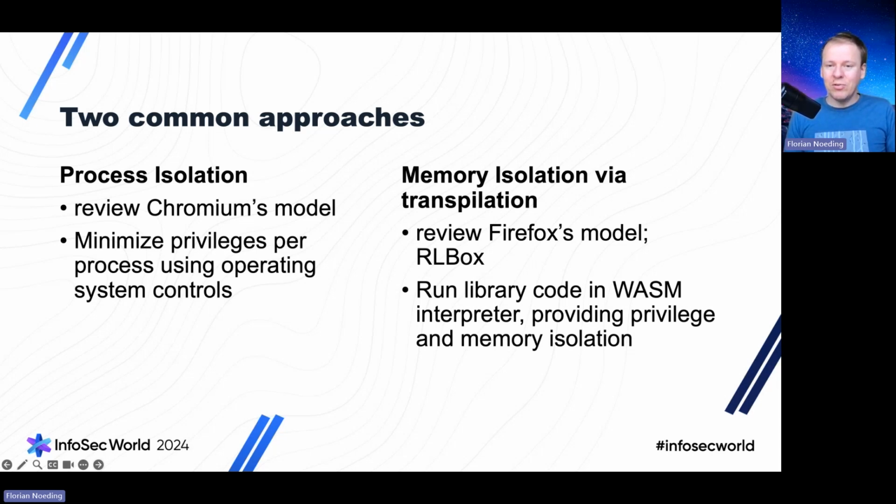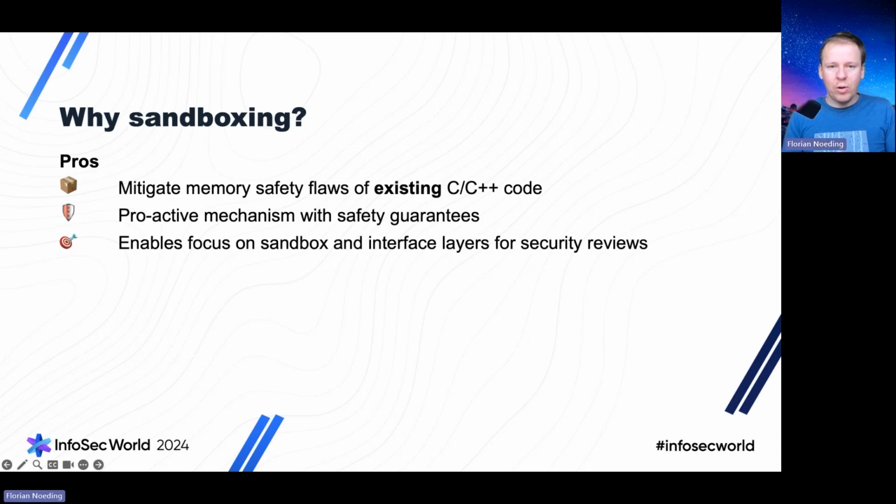That's what makes sure that if you visit a random website, it doesn't get to control your computer or get access to another website's data. So reusing it for running code that might have memory safety issues is a pretty awesome idea. And this WASM sandbox provides privilege and memory isolation. And I really like the idea of RLBox because it also allows you to integrate the sandbox in a highly iterative process.